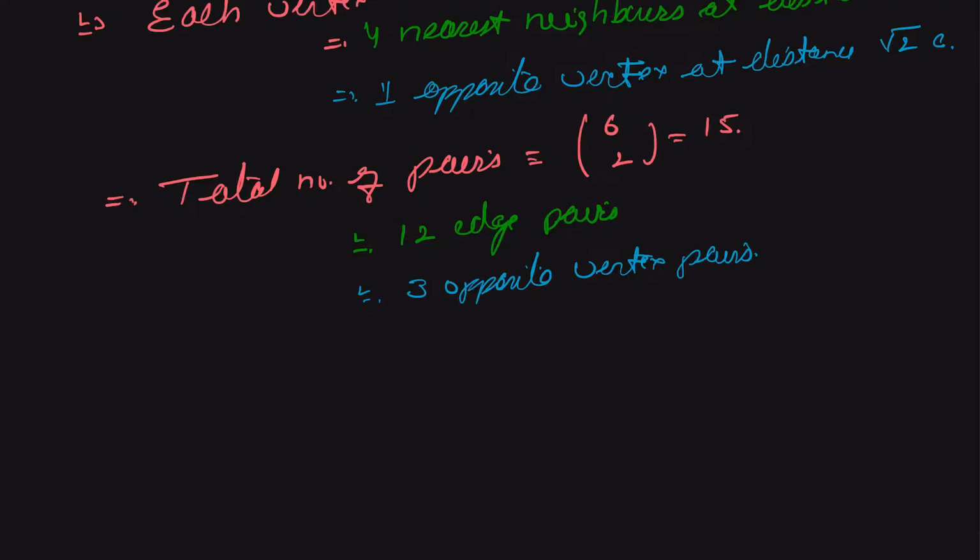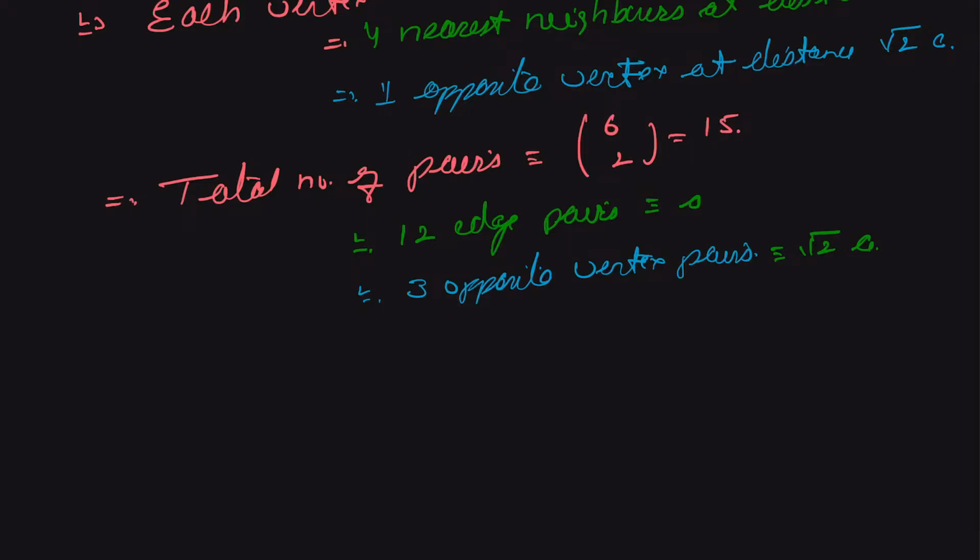Faces we do not require in this question. Total 8 faces will be there, and 4 opposite pair faces, but that is not required. Each edge pair is going to have a distance of A, and the 3 opposite vertex pairs are going to have a distance of square root of 2 times A.